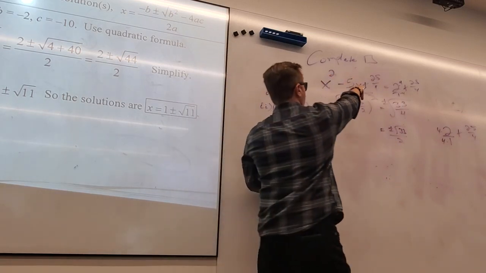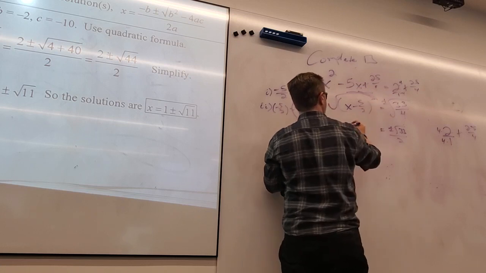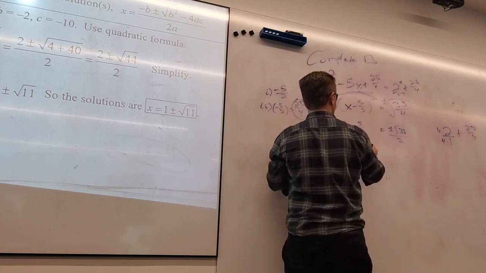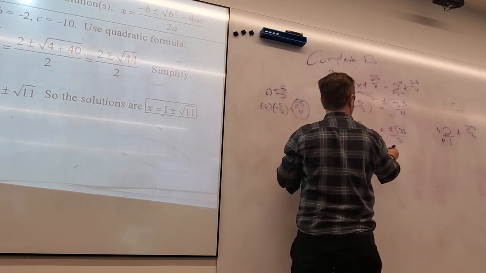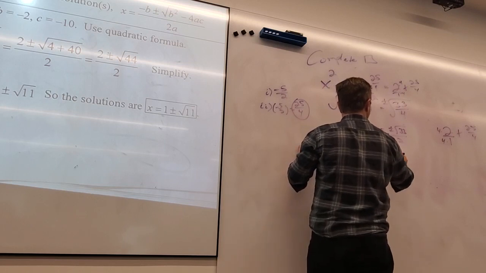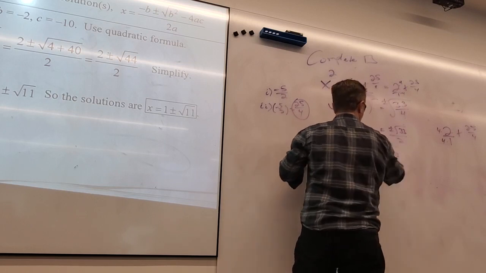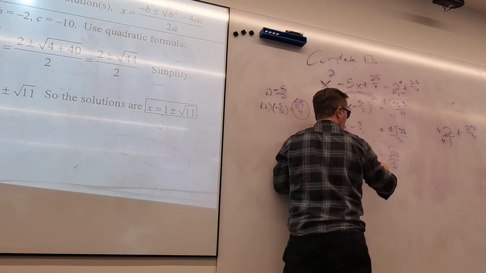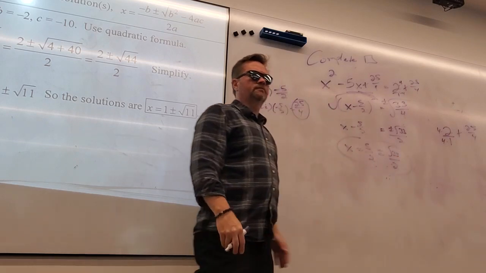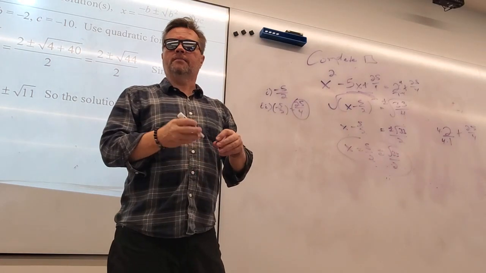And on this side, what do I have? X minus 5 halves. So then I have one more step. Add the 5 halves. You could put this 5 plus or minus rad 33 all over 2 if you want to, because they both have 2 on the bottom.